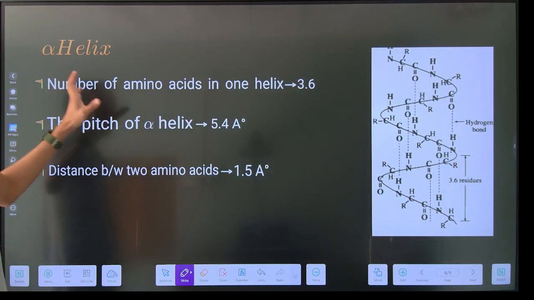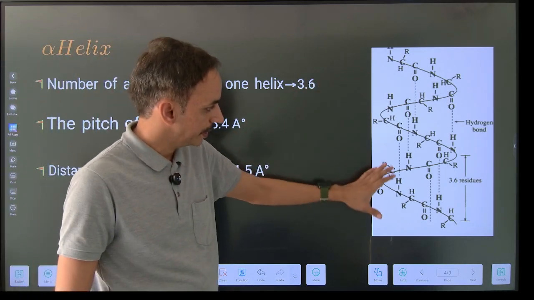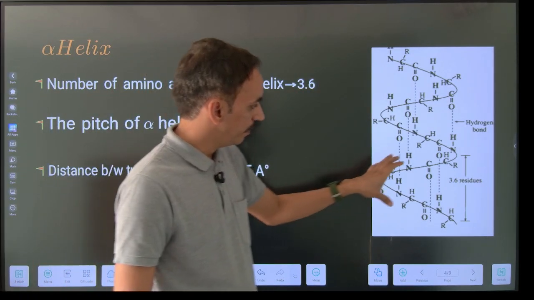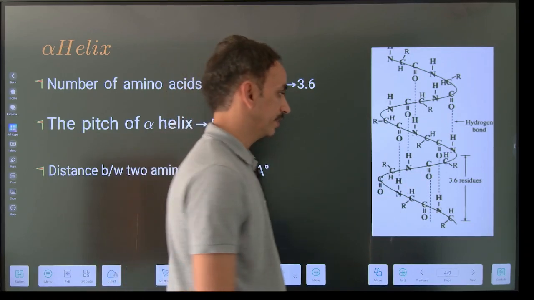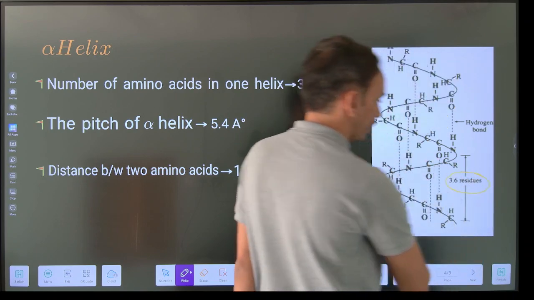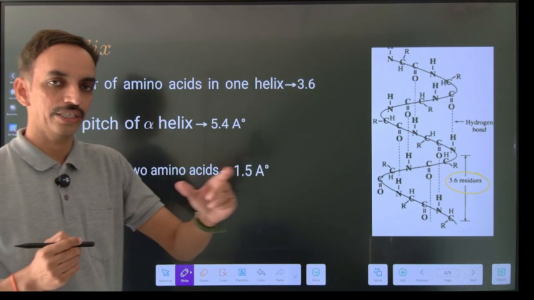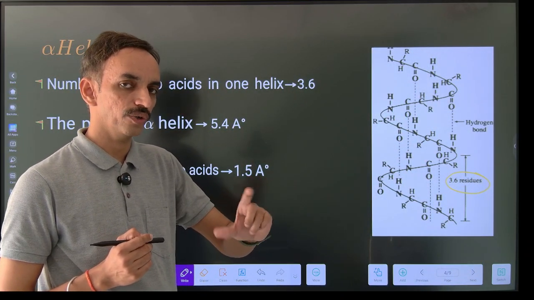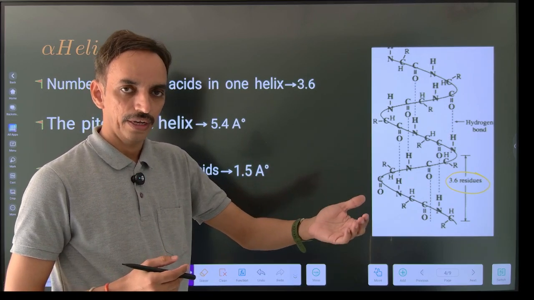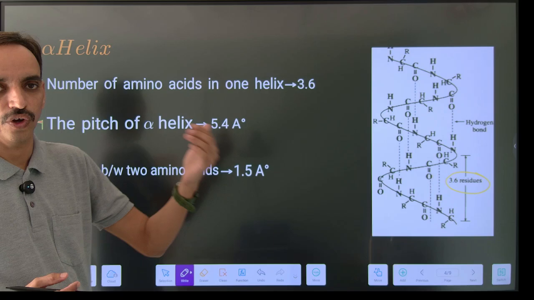If we talk about the structure of alpha helices, this diagram is representing the alpha helix. In one helix, there are 3.6 residues of amino acid, 3 complete amino acids. The distance between the two amino acids involved in the hydrogen bond is 3, and 0.6 partially of nth and partially of n plus 4 or n minus 4.